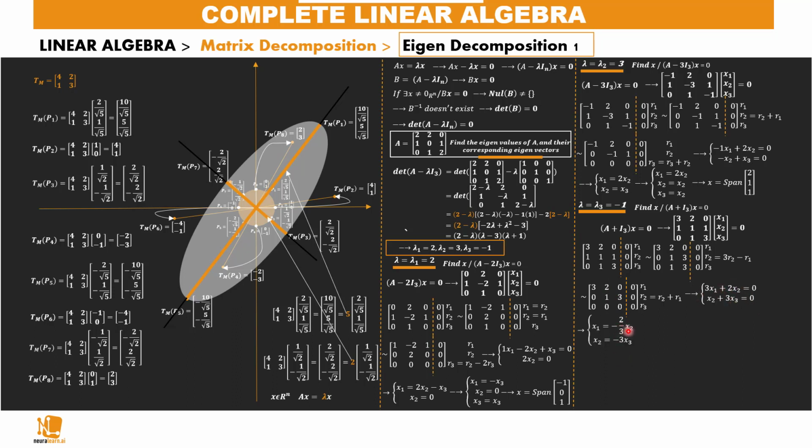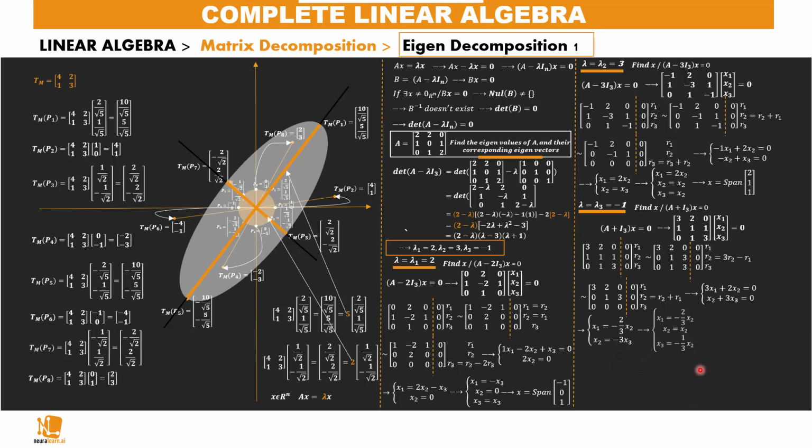x1 equals negative 2/3 x2, and x2 equals negative 3x3. So we have x1 equals negative 2/3 x2, x2 equals x2, and x3 equals negative 1/3 x2. You could also rewrite this system of equations in terms of x3, where we would have x1 equals negative 2/3 times negative 3x3, x2 equals negative 3x3, and x3 equals x3.